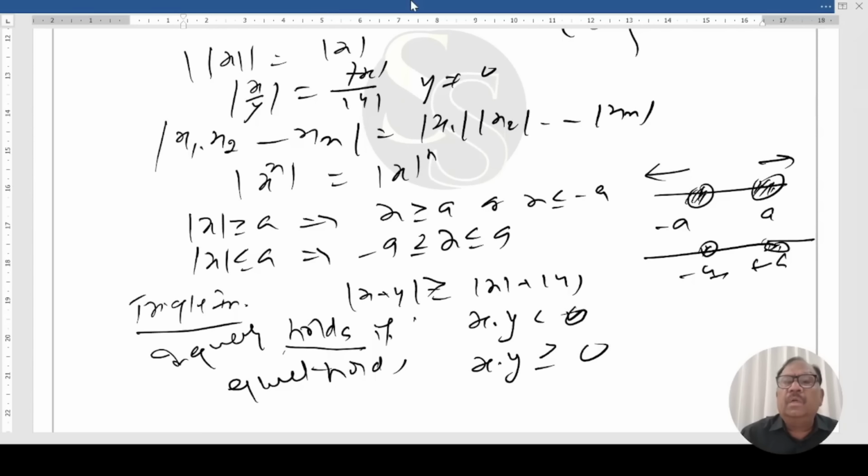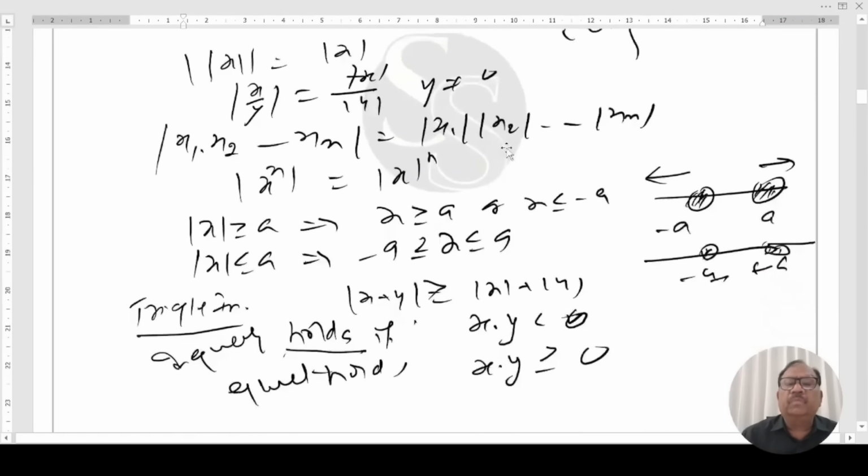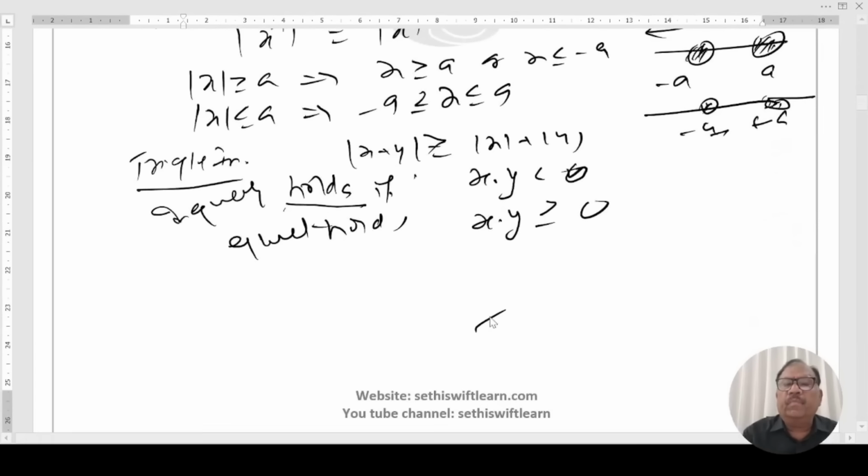This is regarding certain properties of the modulus function. Now the question.